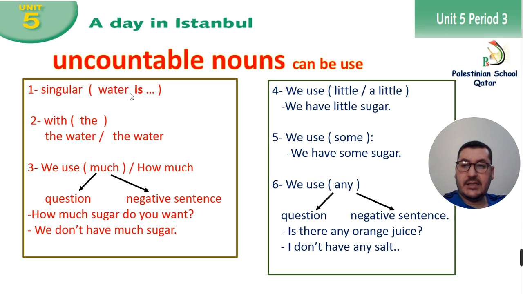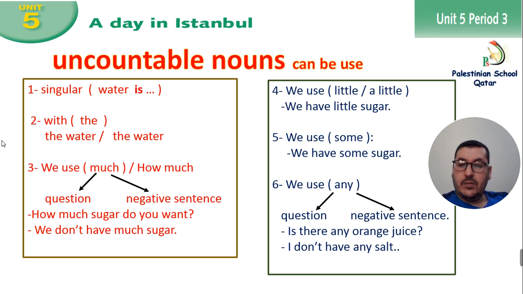So water is, this is singular, we cannot change it to plural. Number 2, I can only use the with an uncountable noun. For example, the water. Singular, plural, the same. But I cannot put a or an with the uncountable.